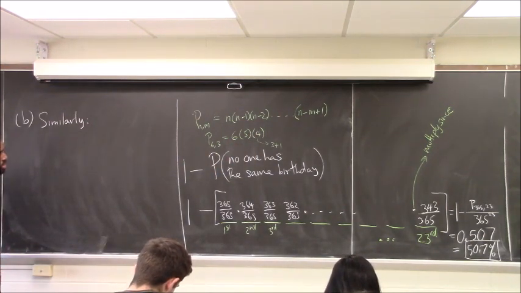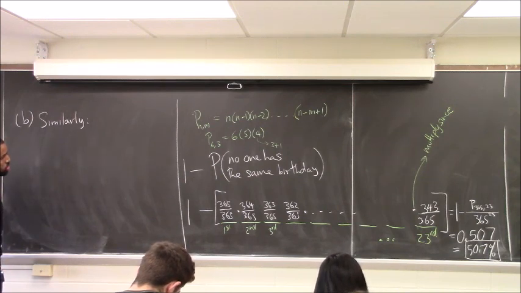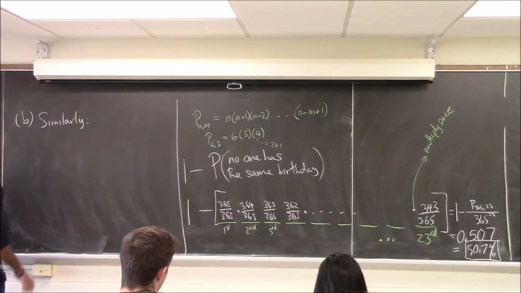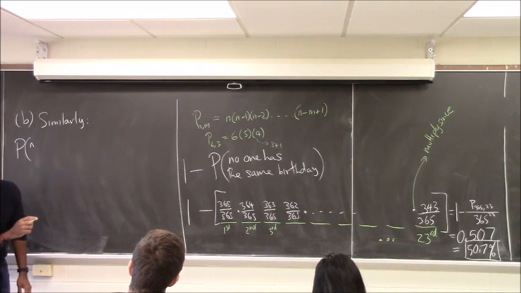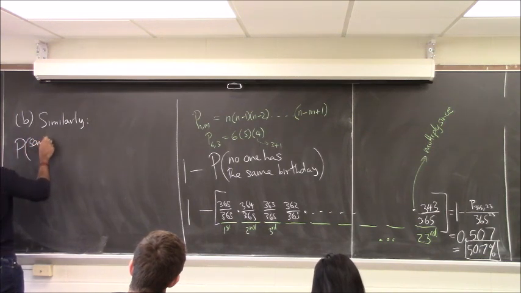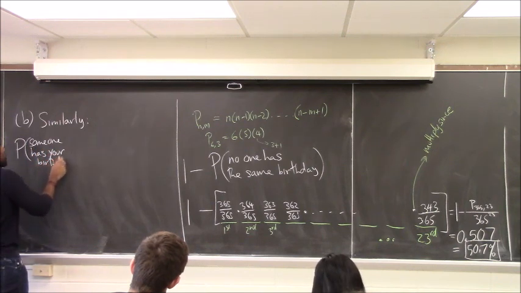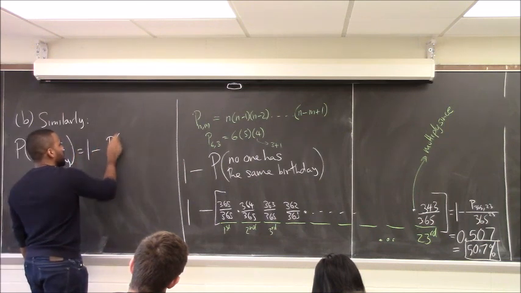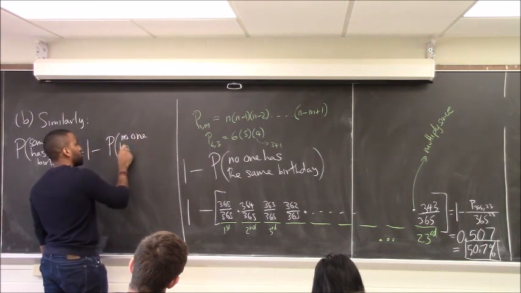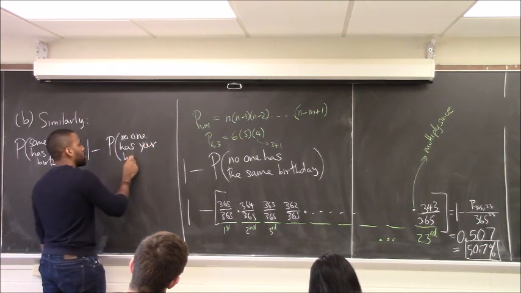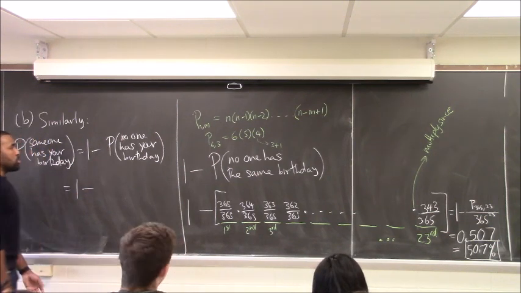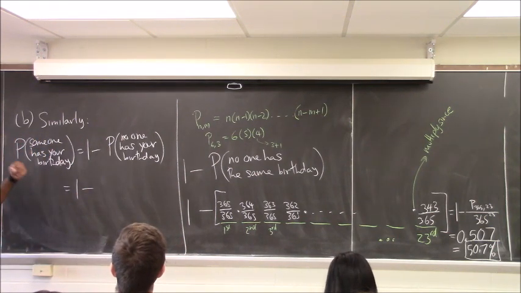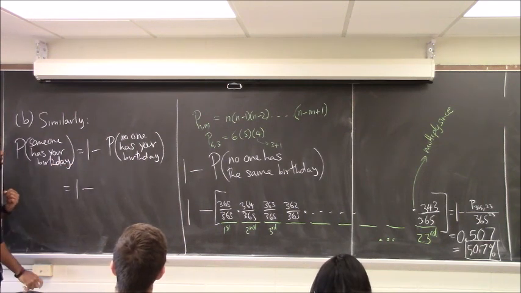Similarly, if you single yourself out, which means now you're choosing 22 people, the probability someone has your birthday is going to be 1 minus the probability no one has your birthday. Now you're only counting the 22 people, because you single yourself out of the 23.